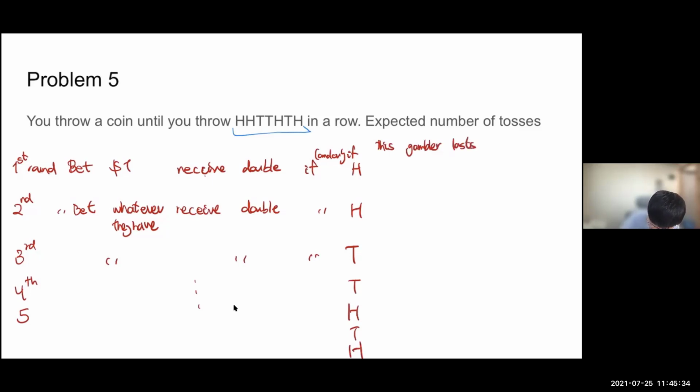The gambler lasts 7 rounds if and only if you toss HHTTHTH.